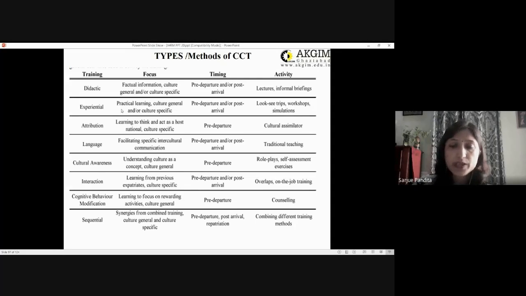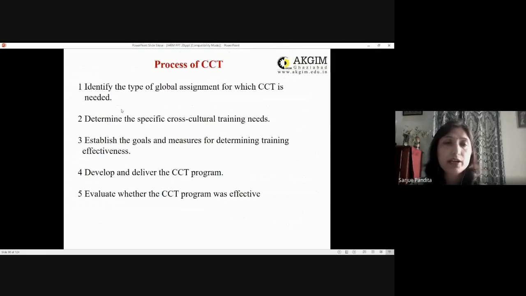So these were the different types of trainings or methods which a trainer might think of, depending on the type of global assignment he is being sent on, or the requirements of the cross-cultural needs. So he is designing this program accordingly. And then finally, you evaluate whether the CCT program was effective or not.